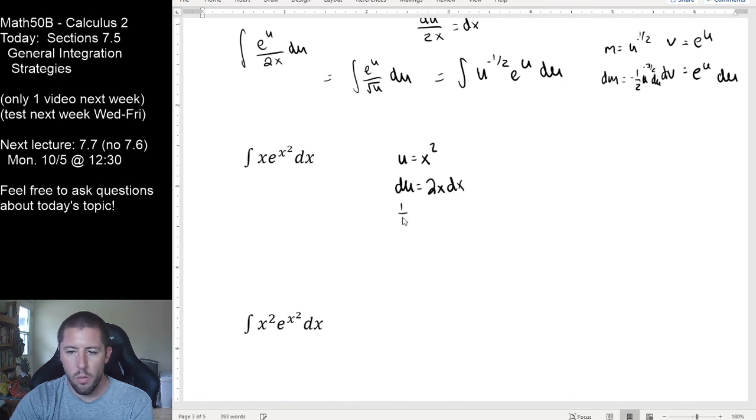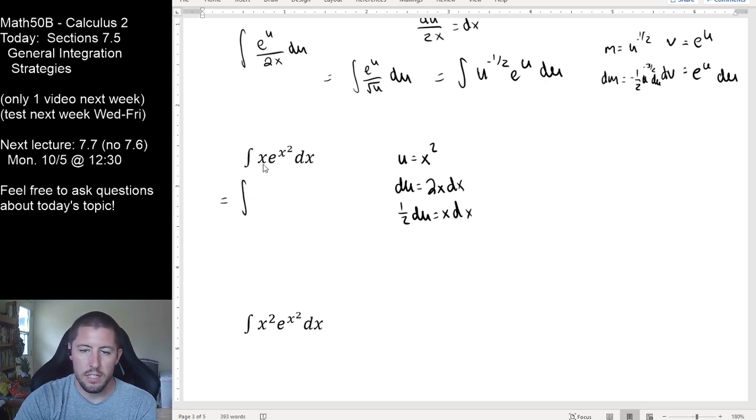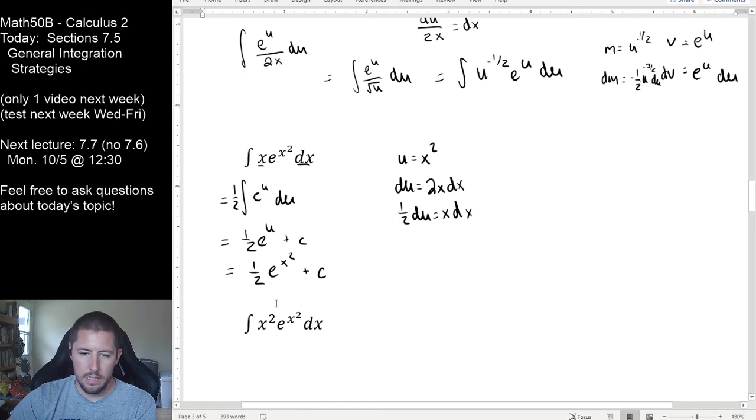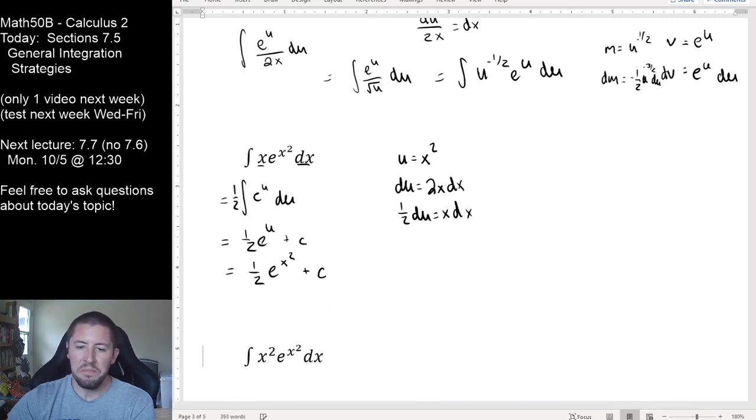I've clearly got my 1/2 du for x dx, and we can very easily rewrite this as the integral of 1/2 du, and e to the x squared is now e to the u.